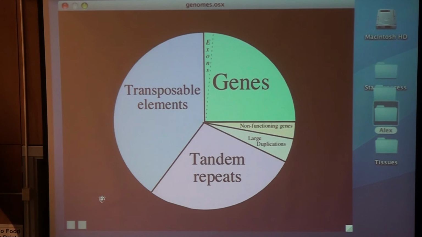And it gets even more mind-boggling than that, because when we say the word gene, people include the introns in the gene, which don't really encode any proteins, and the regulatory sequences like the promoters and the enhancers, which don't really encode any proteins. They just regulate the gene.